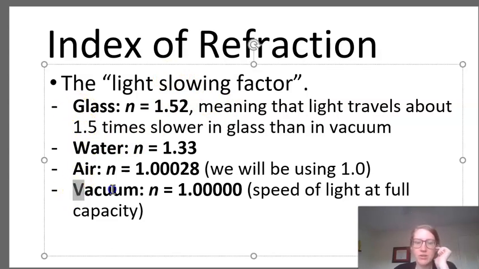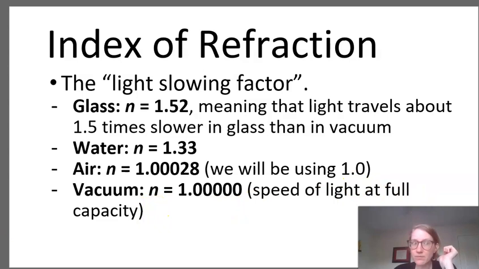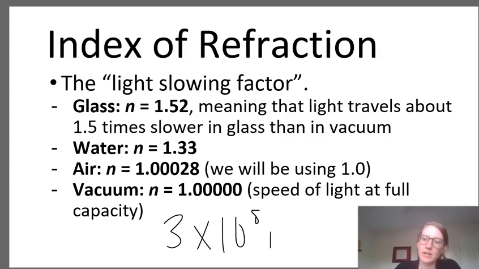So we can see right through here, a vacuum, it's just 1. The speed of light at full capacity. And do we remember the speed of light? Yes, the speed of light is 3 times 10 to the 8th meters per second. So in a vacuum, we are saying that it's 3 times 10 to the 8th meters per second.